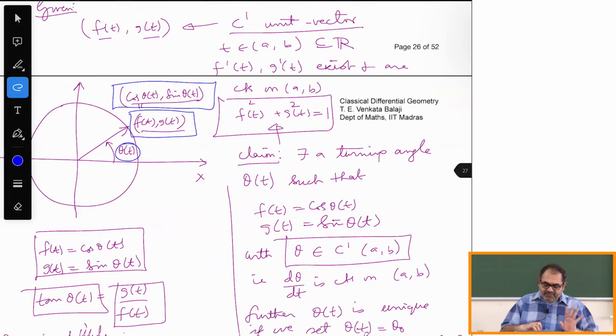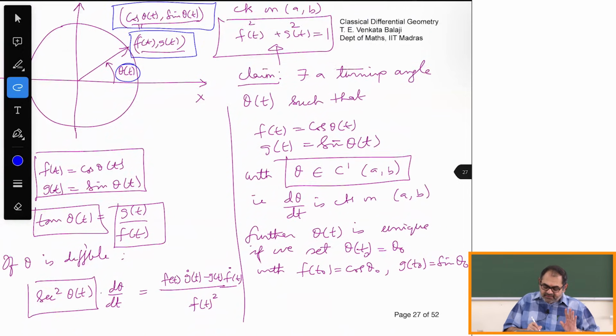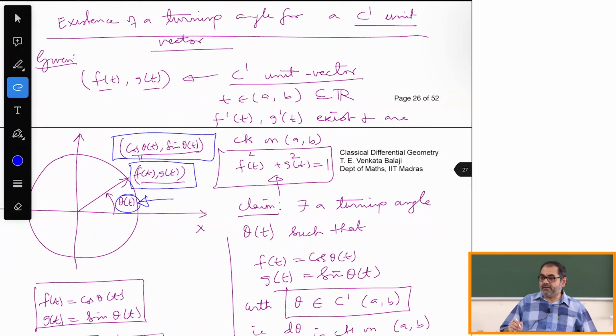But the problem is whether this theta(t) is actually continuously differentiable. Showing an angle is continuous or differentiable is always a mess, because naively an angle function is always multiple valued, it is always discontinuous. So whenever you are dealing with an angle, you have to be very careful.